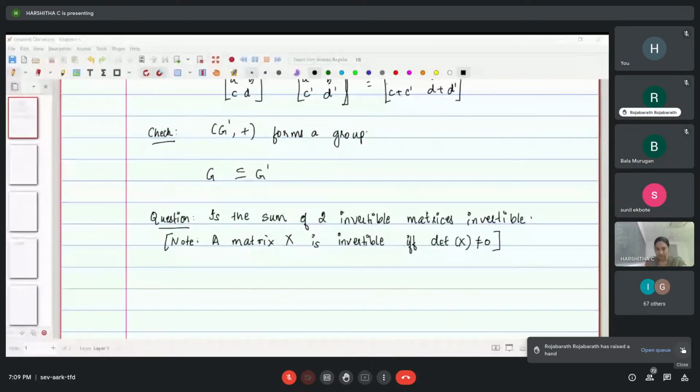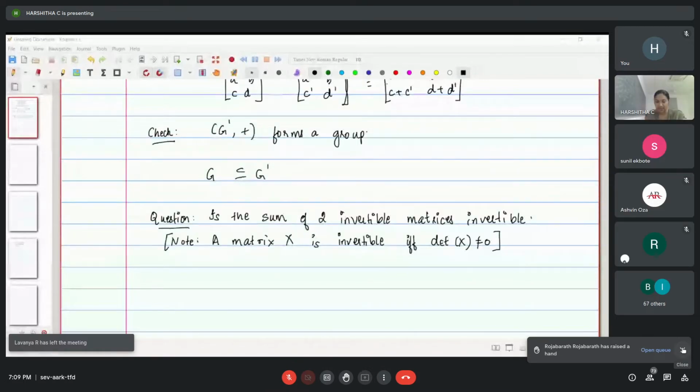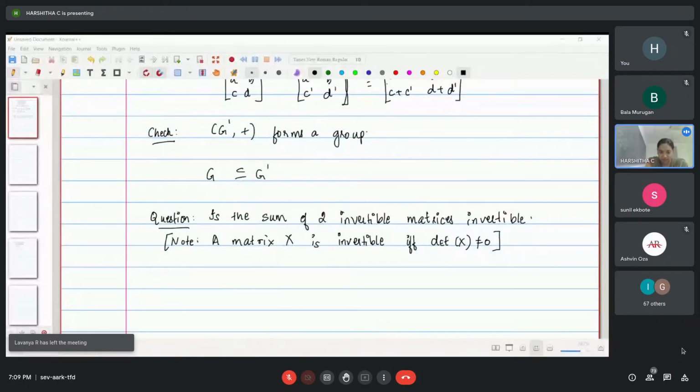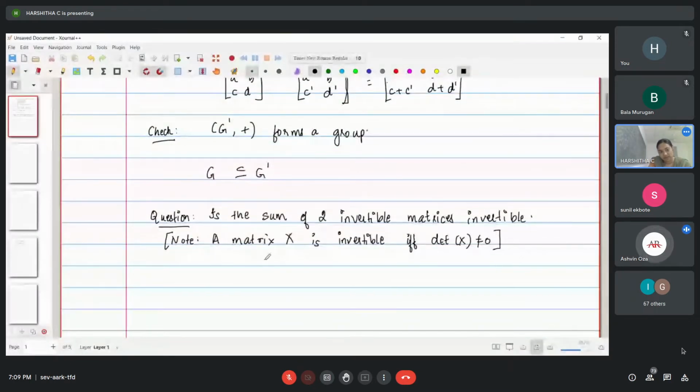No. Yeah, it's right. It's not true, because let's just take one matrix as 1 0 0 1, okay? And 1 0 0 minus 1.